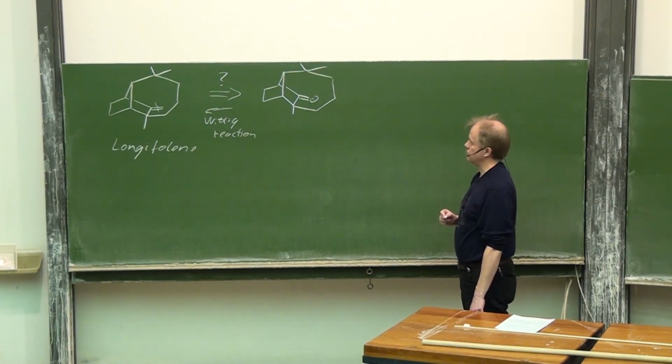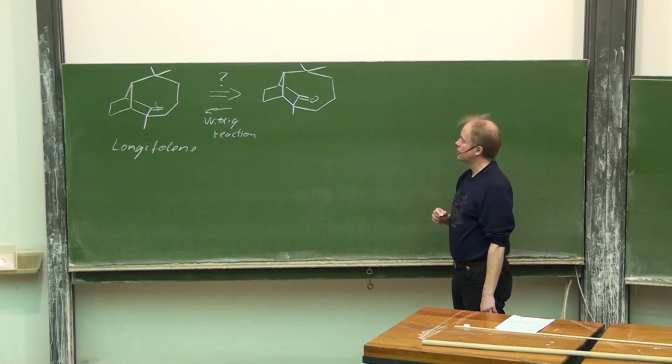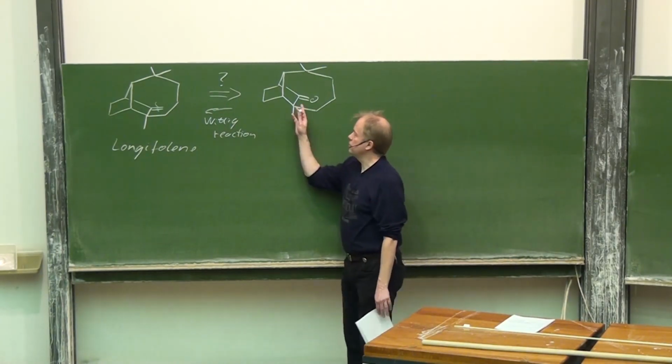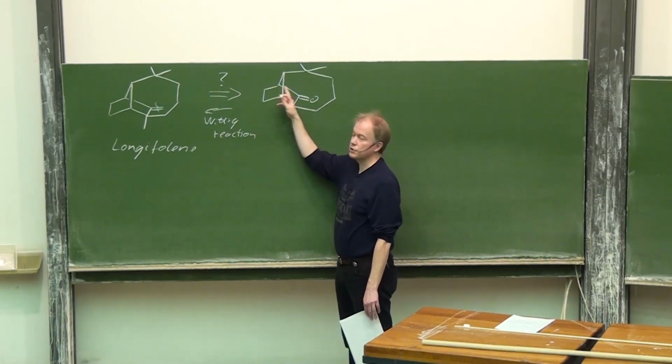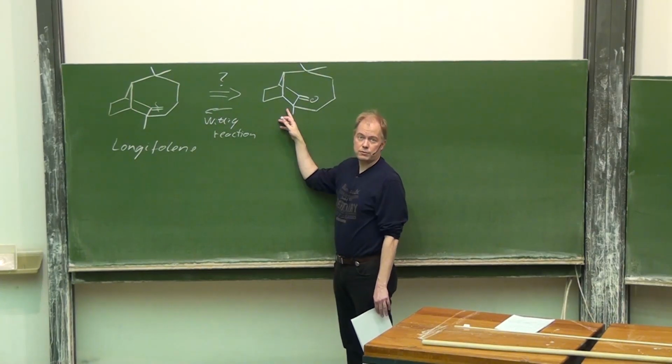So, for the next step, we need somewhat more fantasy. At least what we have learned, there is a six-membered ring. And a six-membered ring we could set up by, for instance, a Diels-Alder reaction.